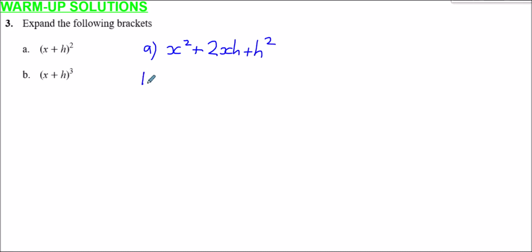And for b, if you wanted to, you could use the binomial expansion for this one. Either way around you do it, you should get x cubed plus 3 lots of x squared h plus 3 lots of x h squared, and finally plus h cubed.